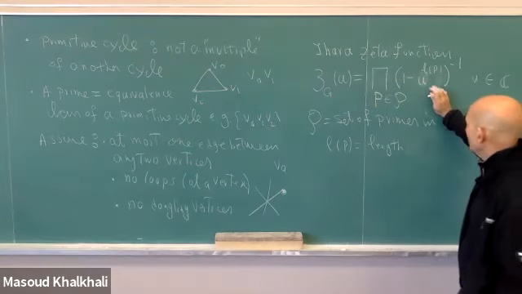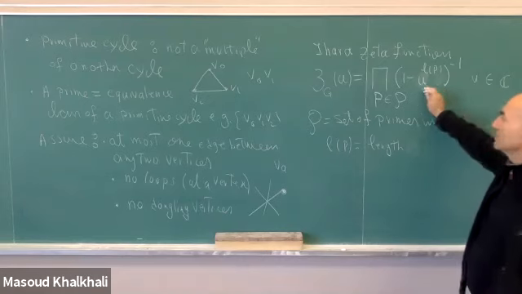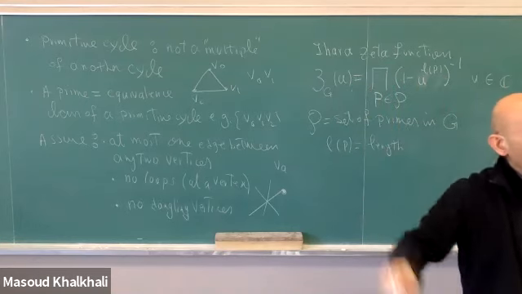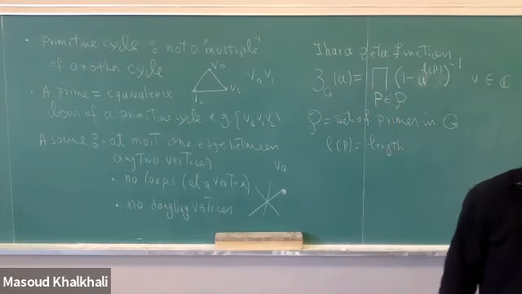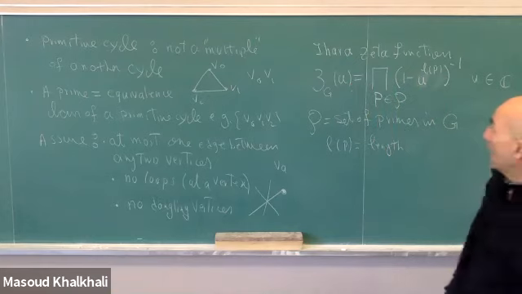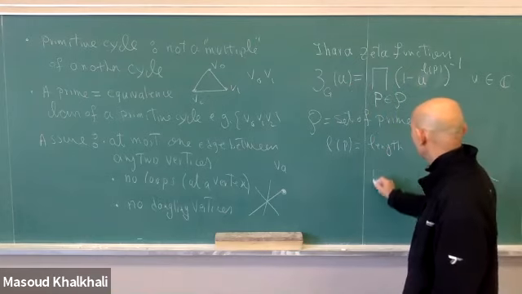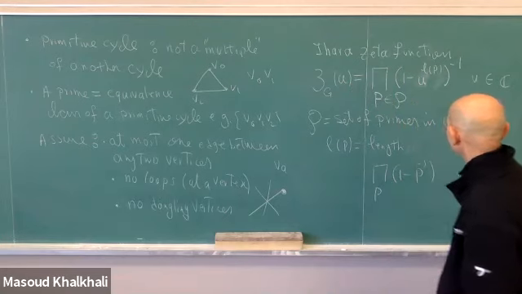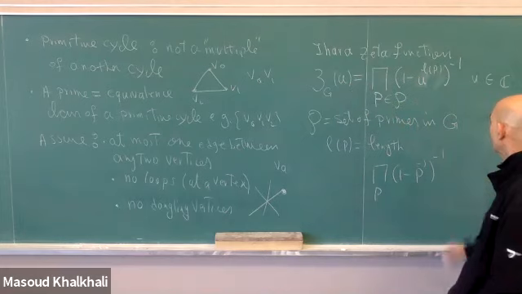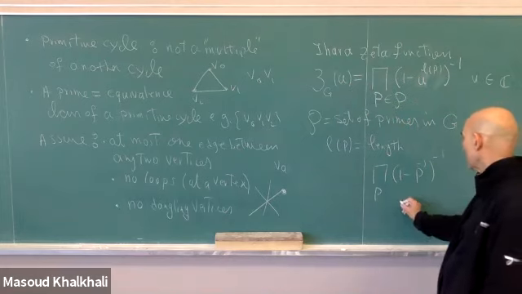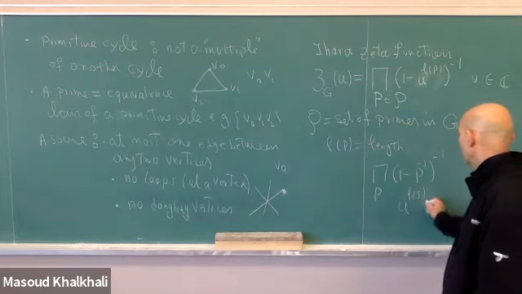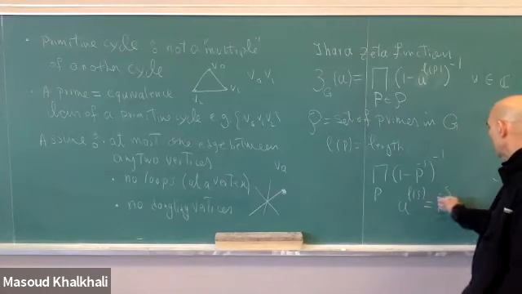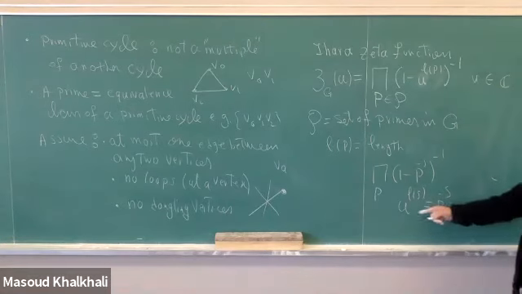But if you look at it, you notice that this is very much like Euler's definition of the Riemann zeta function. The only difference, if you compare, is that there we have the product of 1 minus p to the minus s, to the minus 1. So it looks like you're saying u to the L is equal to p to the power minus s. That's the connection.